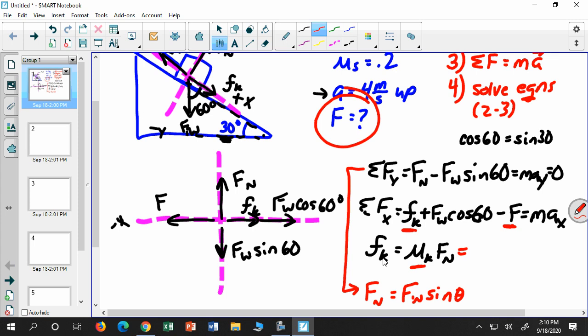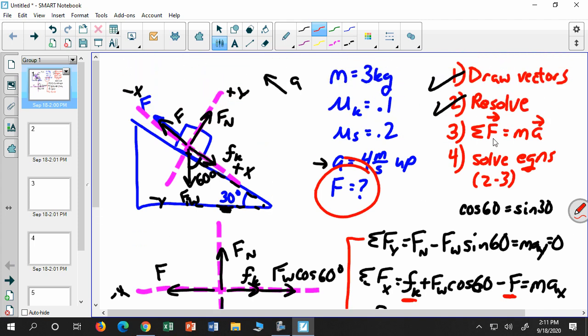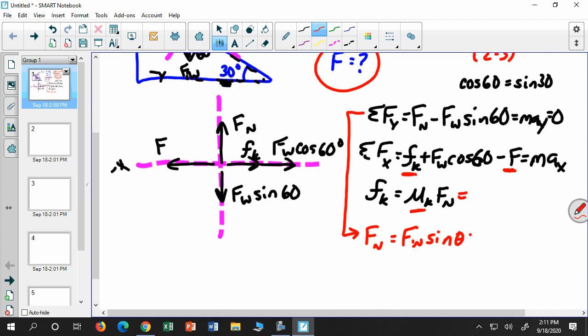Remember Fw is m times g, so you just multiply your mass times 10. My mass here was 3 kilograms, so it's going to be 3 kilograms times 10 meters per second squared, gives me a weight of 30, times the sine of 60. And that's equal to 26 newtons.